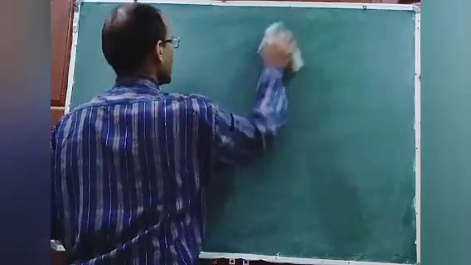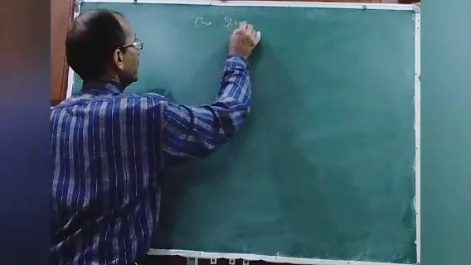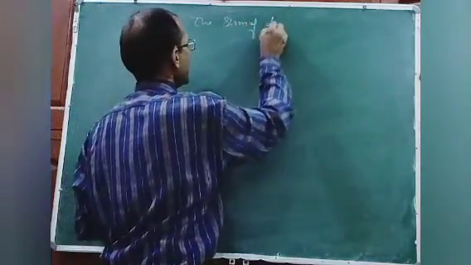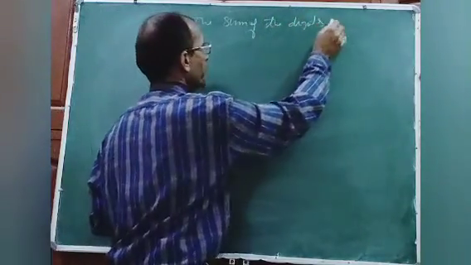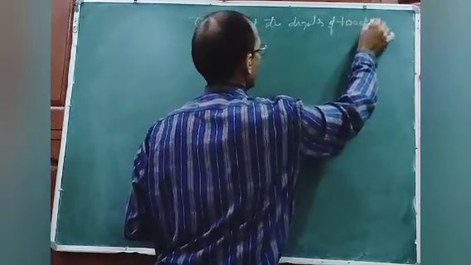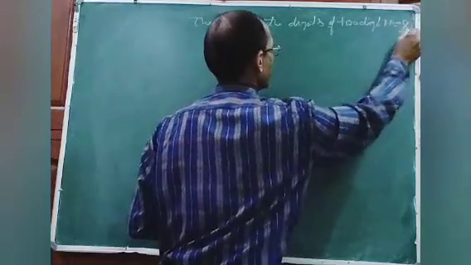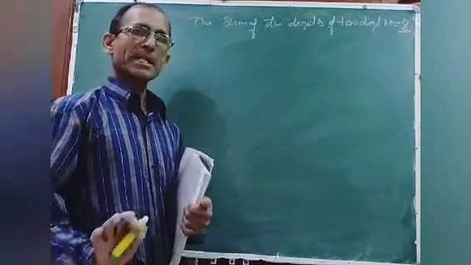The sum of the digits of a two-digit number is 8. This is the sum. Yes or no? The sum is given.